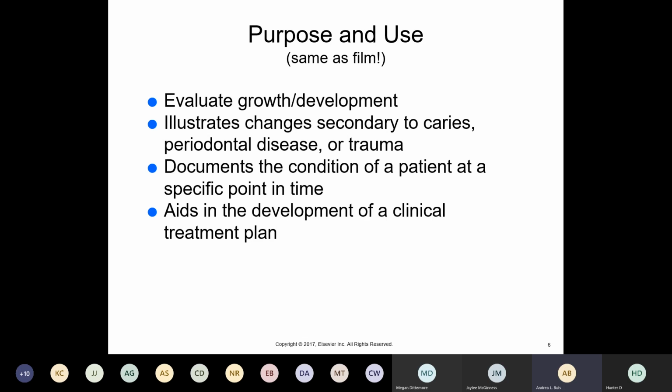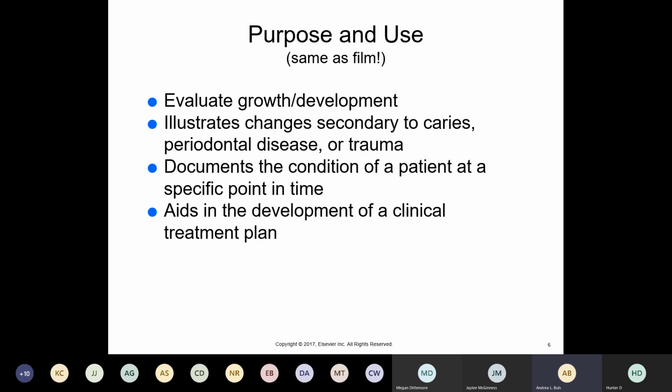Look back and say, hey, in 2018, this is where we were with this tooth, and today let's look at how the decay has progressed. I think it's probably time we do something. It's nice to be able to educate your patients and show them the differences, whether that be something getting worse or something getting better, but it's nice to have that point of reference.